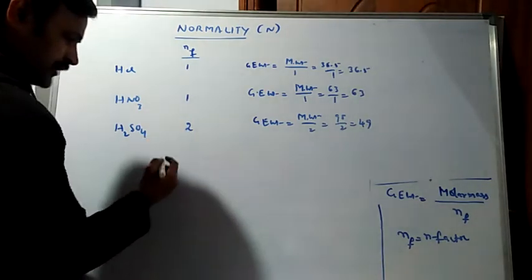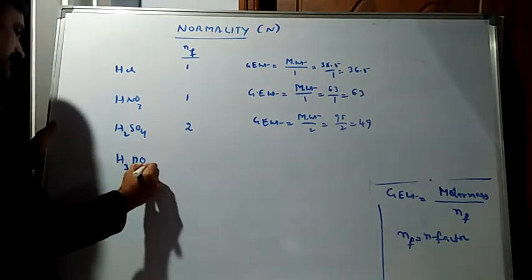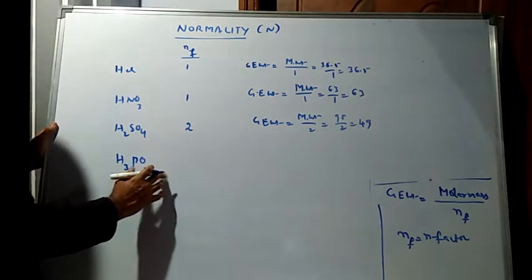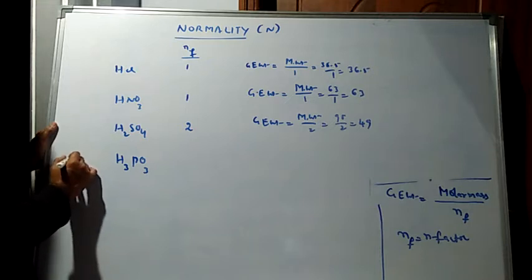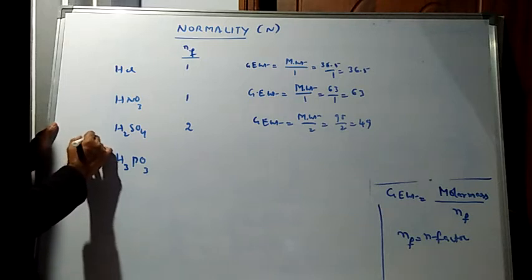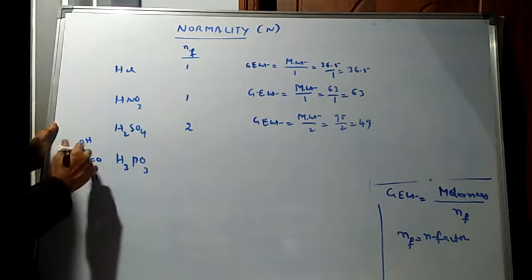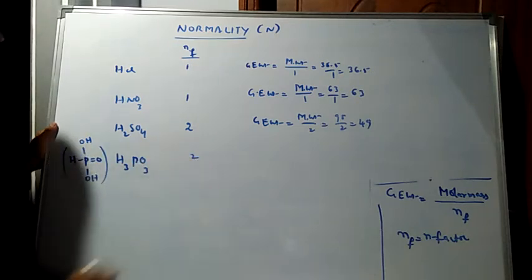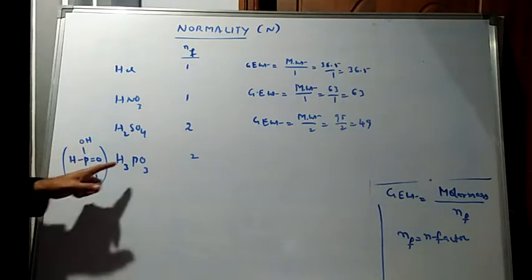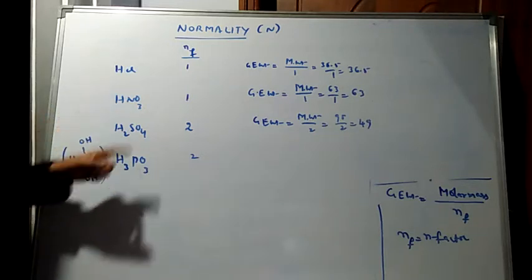Similarly, if you write phosphorus acid H3PO3, you must remember its structure also. In this structure, there are 2 OH groups present, so the basicity is 2. That is the n factor, which means from these OH groups only, for these oxo acids, the H plus ions will be displaced.